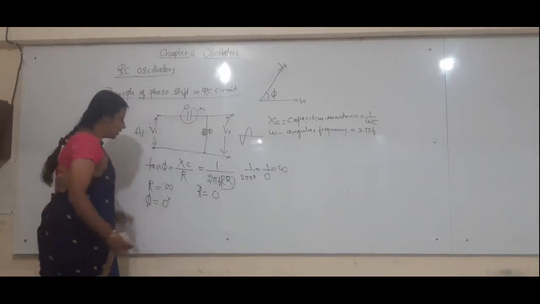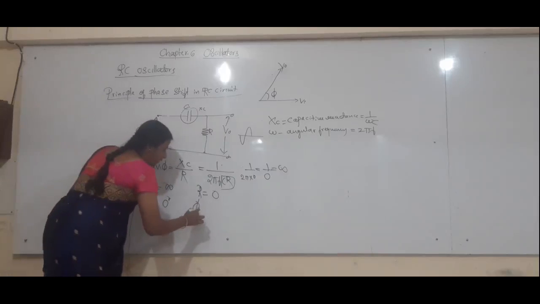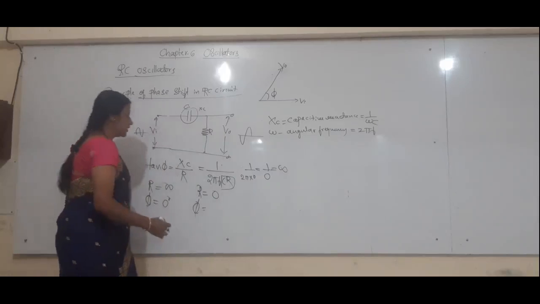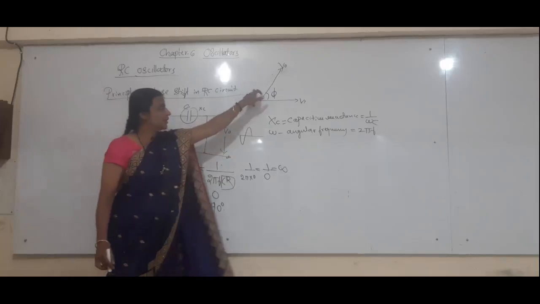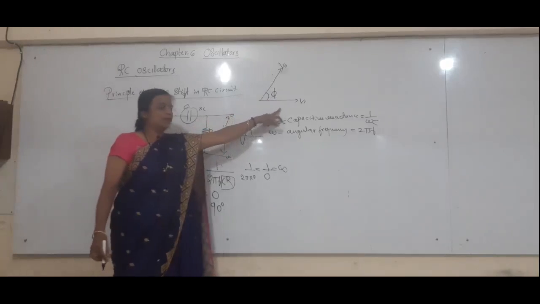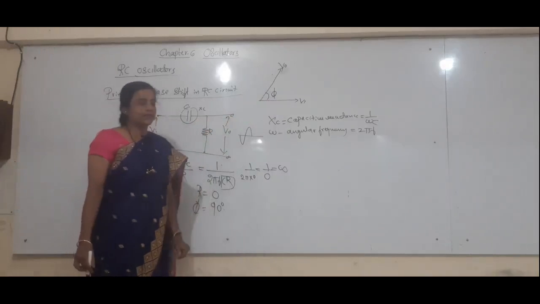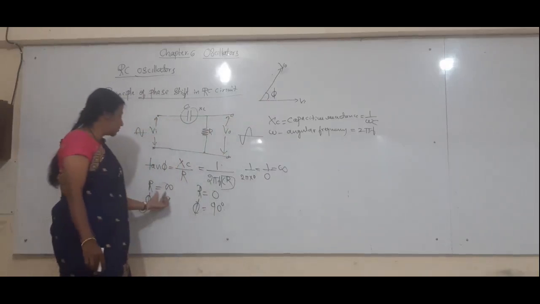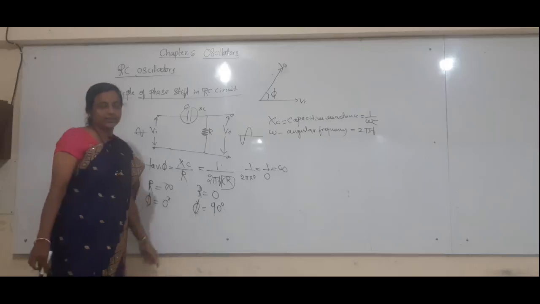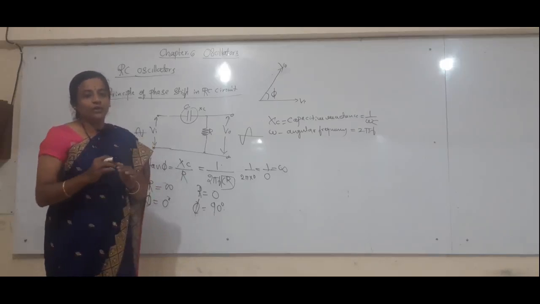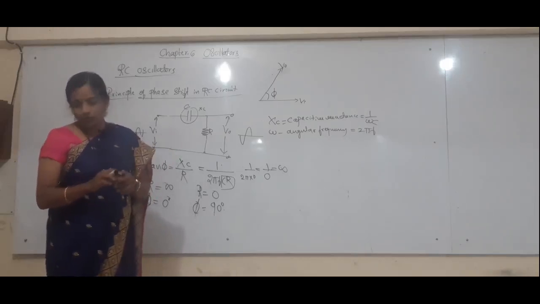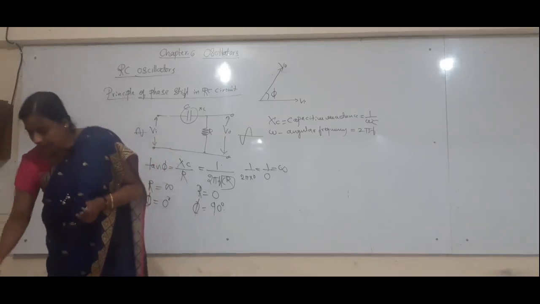Tan phi equal to infinity means phi is tan inverse of infinity, which is 90 degree. So the output leads the input voltage by an angle of 90 degree. By selecting proper values of resistance, we can obtain the proper phase shift in our circuit, as designed.